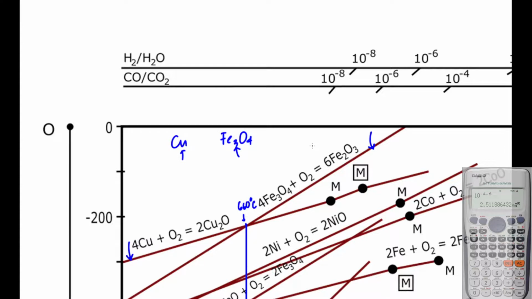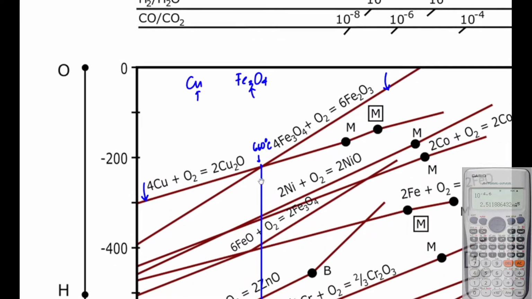Okay? So, before 660 degrees Celsius, you'll notice na itong line na to, si Fe3O4 line, is below the copper line. So, what does that tell you? Ibig sabihin, more negative yung delta G value ng Fe3O4 plus O2. Tama? That's what delta G means, no?